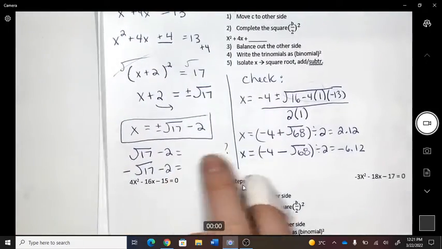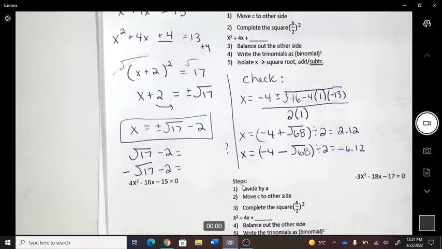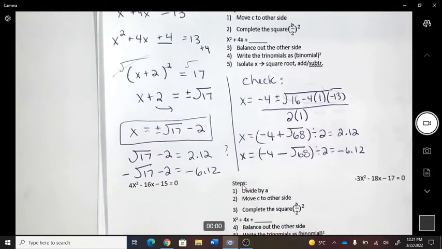Do those two answers match those two answers? Did you get a 2.12? On your test, I might have a question that makes you connect them all together. Do all the methods you try match?